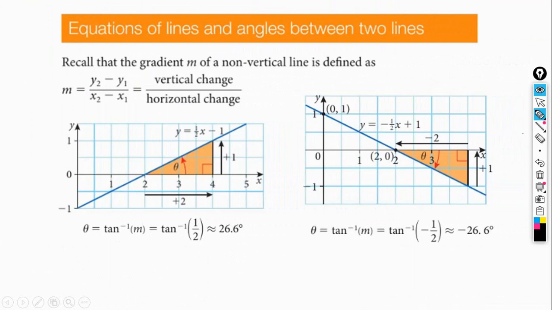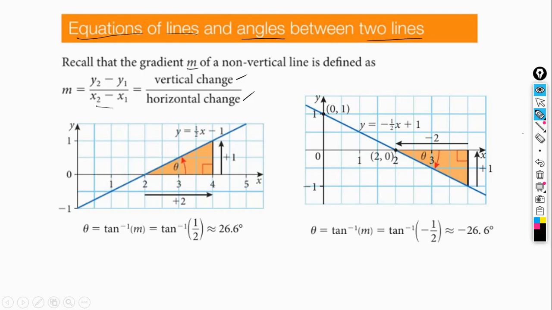In the following slide, you're going to find a few statements about equations of lines and angles between two lines. Recall that the gradient m of a non-vertical line is defined as, and this is on the Cartesian plane, m is equal to y2 minus y1 over x2 minus x1, and this is the same as saying the vertical change over the horizontal change.